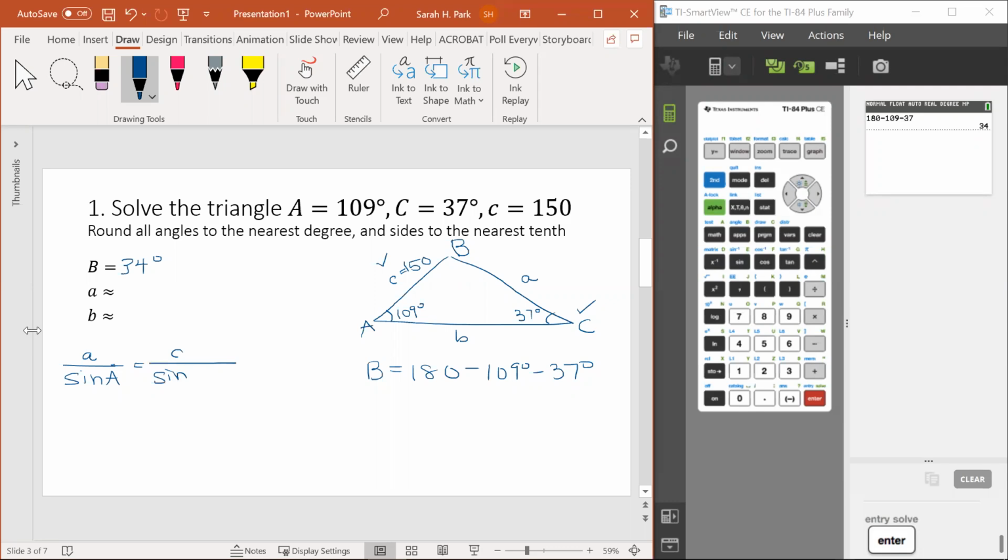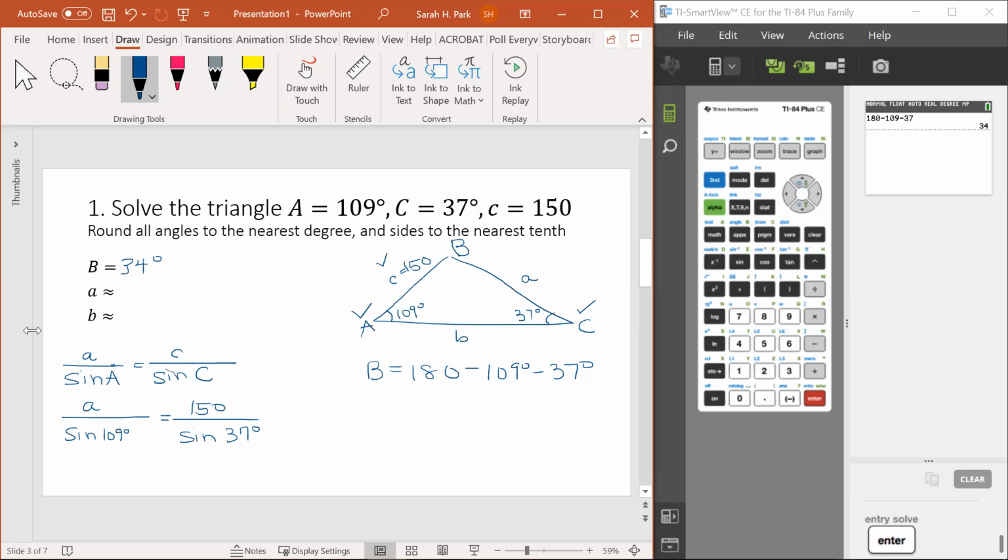So a we don't know, sine of A is sine of 109 degrees, equal to c, which is 150, over sine of C, which is sine of 37 degrees.